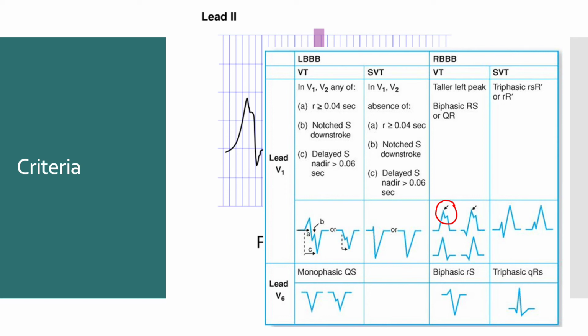And in a left bundle branch block type morphology QRS, if there is a notch on the downstroke of the QRS, remember we mentioned the first part should be nice and smooth and fast. If there's a notch on the downstroke of the QRS, that's very unusual for a left bundle branch block, and it's generally considered to be VT.